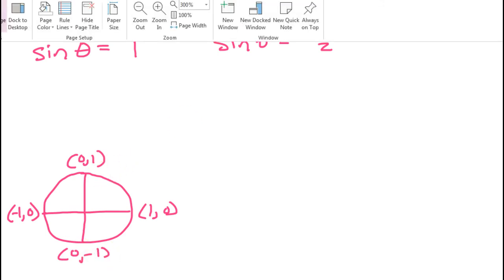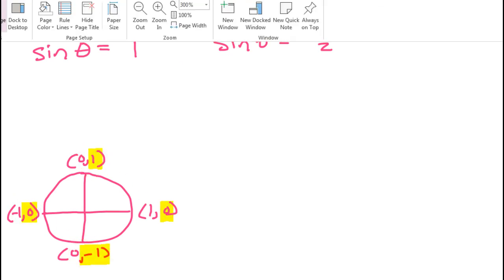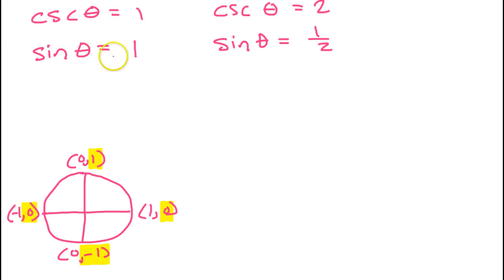On the unit circle, sine is a y value, so we are only going to look at these numbers right here. In this particular case, we want sine to equal 1. So that's only going to be up here. That gives me theta is equal to pi over 2, because that's what this is.